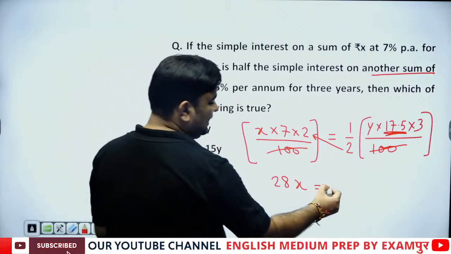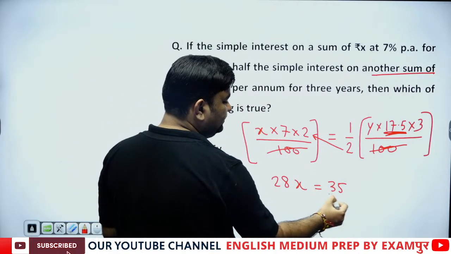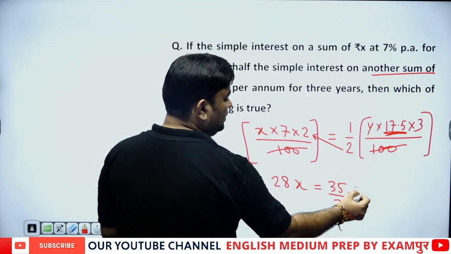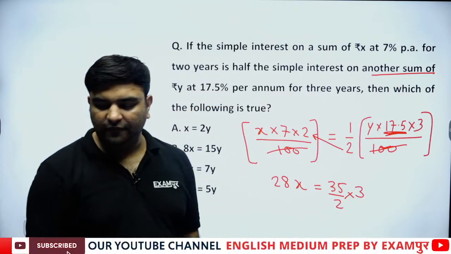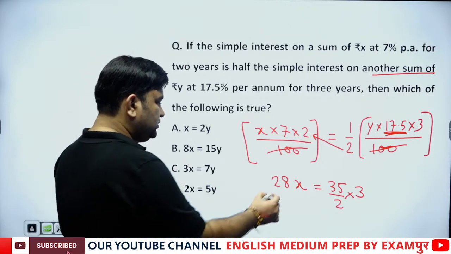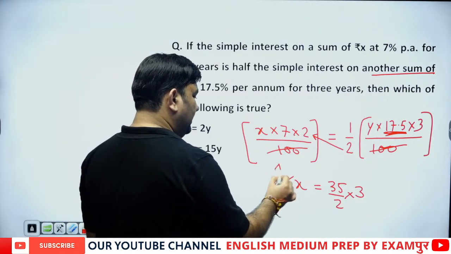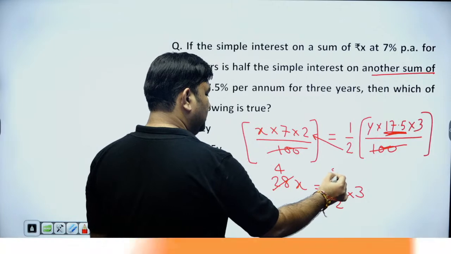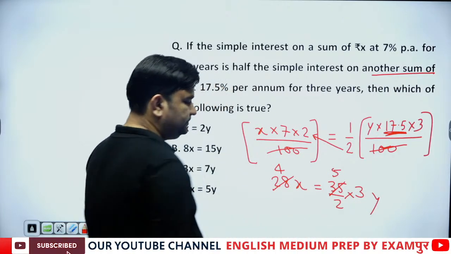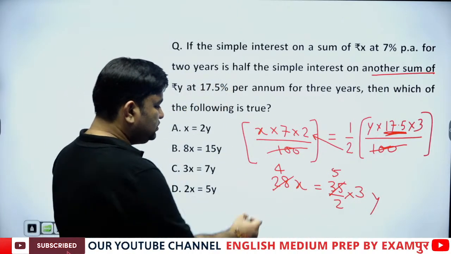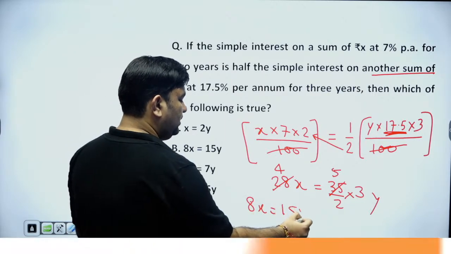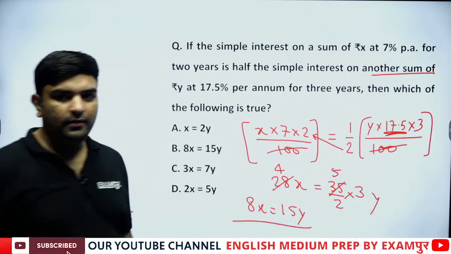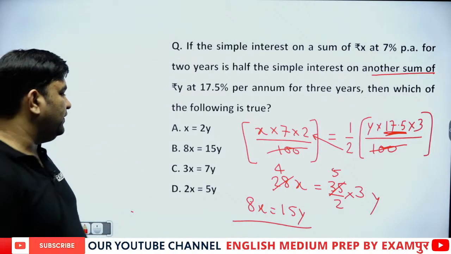If you don't mind, can I write it as 35 by 2? That would be much better. So 7 4s are 28, 7 5s are 35. So 8x is equal to 15y.